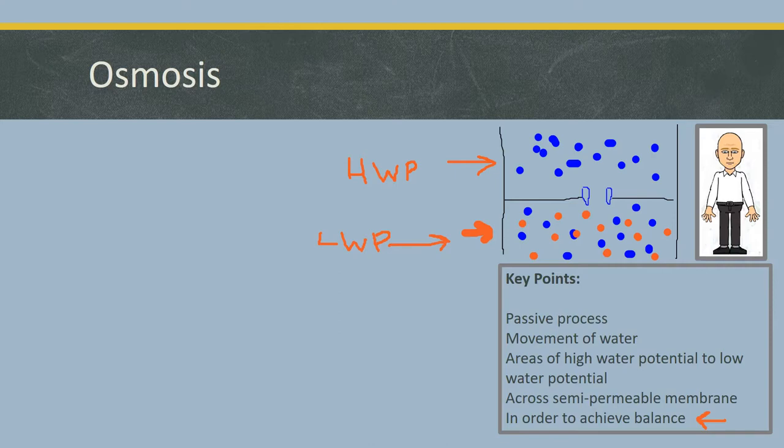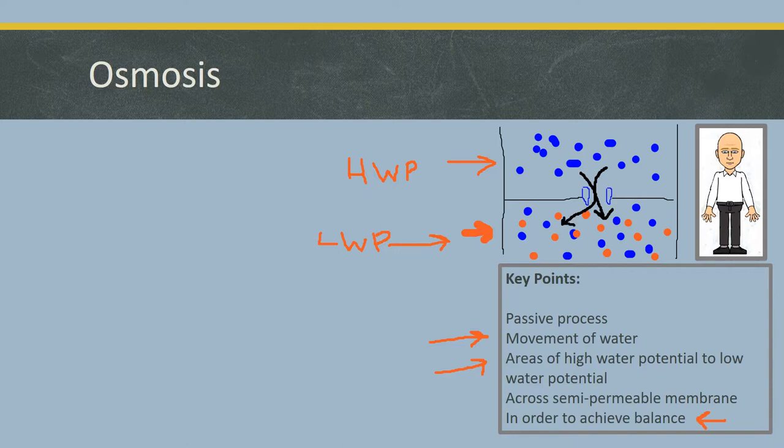Now as we can see in the key points, osmosis is about the movement of water from areas of high water potential to areas of low water potential. So you can see that water will want to move from areas of high water potential to areas of low water potential.